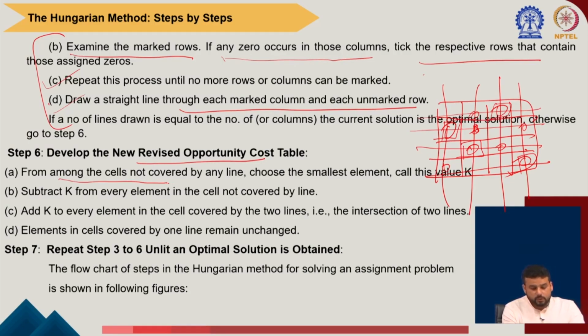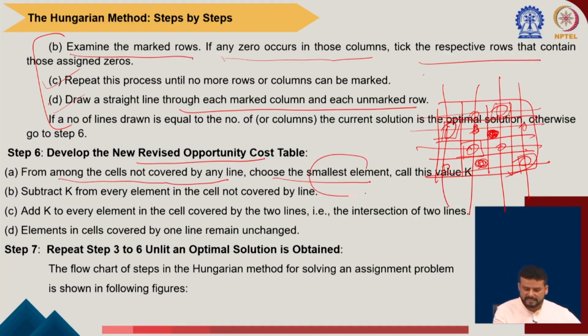Among the cells not covered by any line, choose the smallest element. We need to pick those cells where there is no line. Here I think I have crossed all the cells, but this will not be the case because we have allocations less than the order of the matrix. We must have some cells where these lines are not passing through. All those cells you will find out.